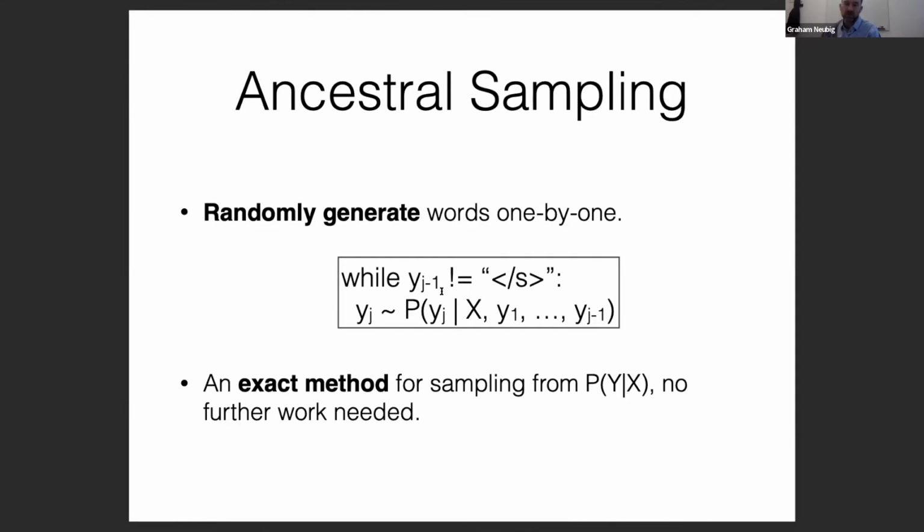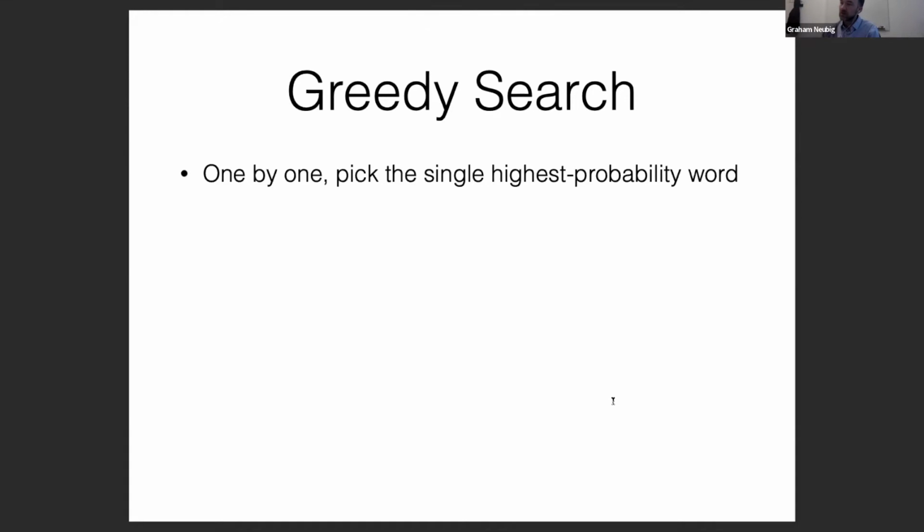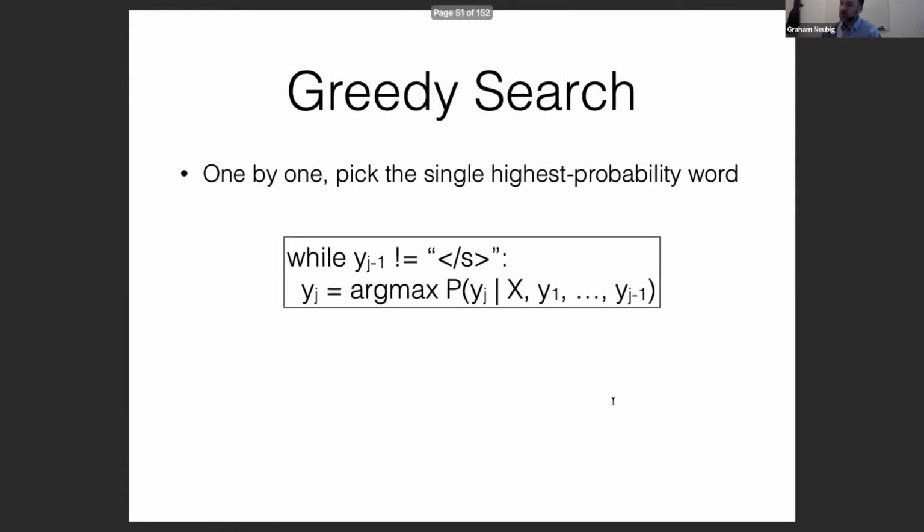You would get different translations every time, but each translation that you sampled would be good. However, unfortunately, our models are not all that great. And very often, if you sample lower probability things according to this probability distribution, they might not be very good translations. So what we try to do instead is some sort of search for the highest probability translation. And one way to do this is something like greedy search.